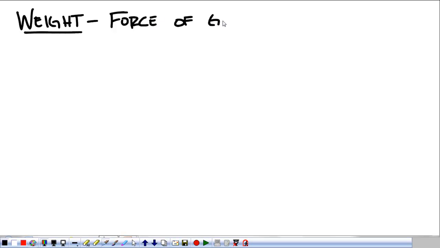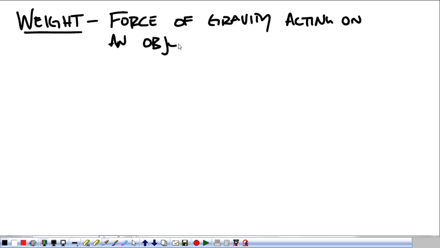One special example that we're going to talk about with the second law is weight. Weight is the force of gravity acting on an object. We all experience weight, and we're experiencing it right now.